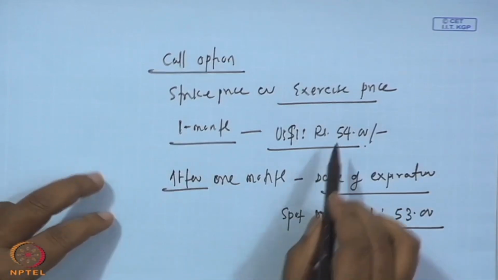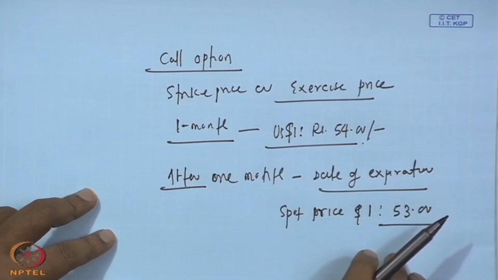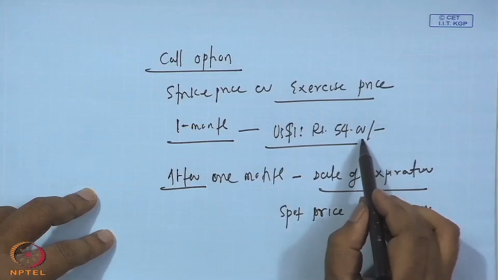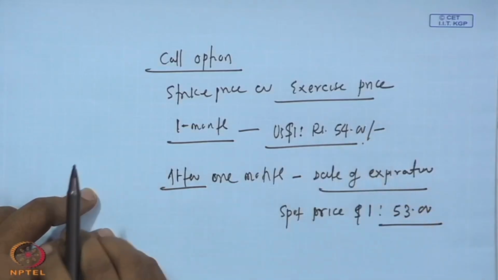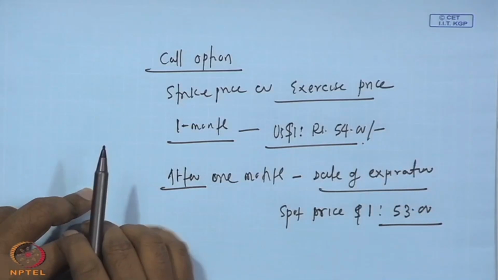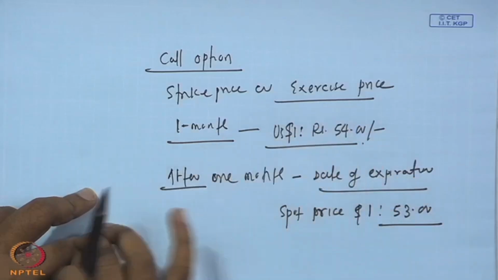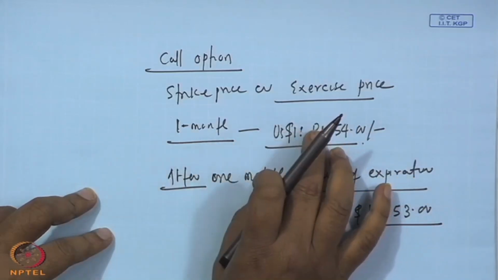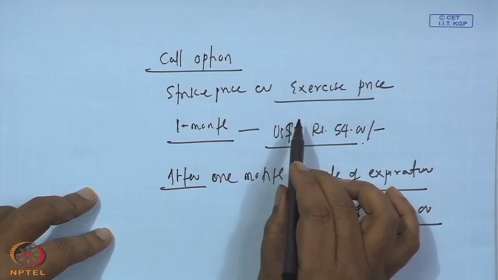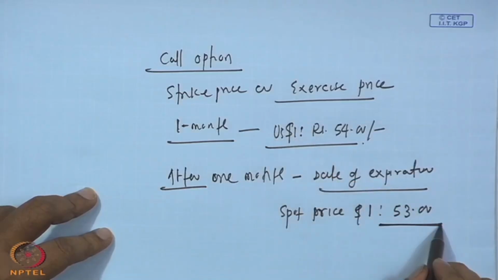The spot price is 53 rupees, but you have signed an option at 54 rupees. So you will not exercise, you cancel the option, and instead you will get the dollar from the spot market at 53 rupees.